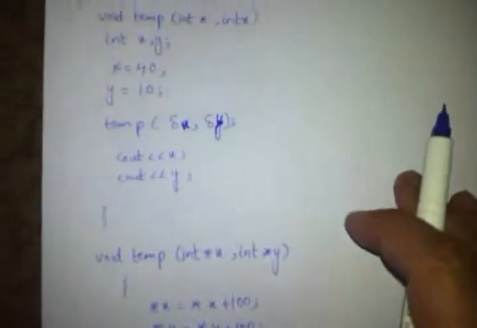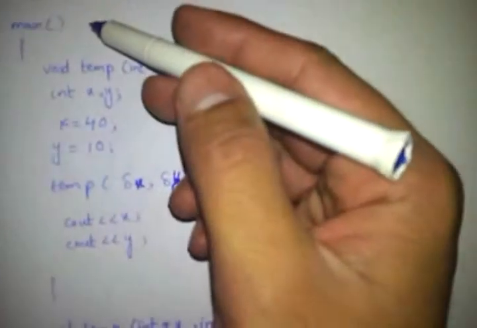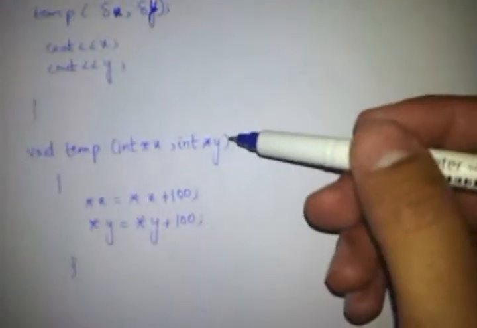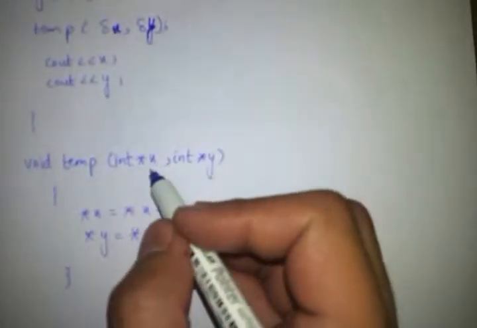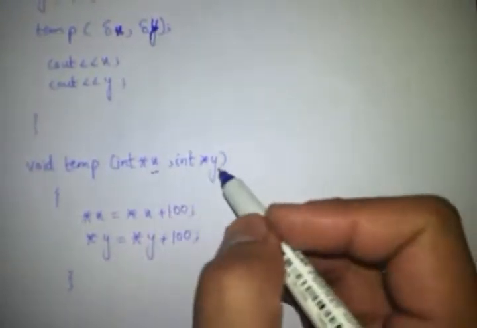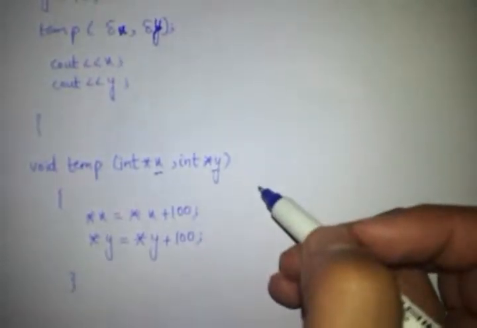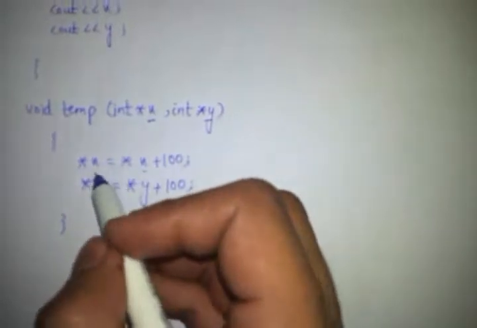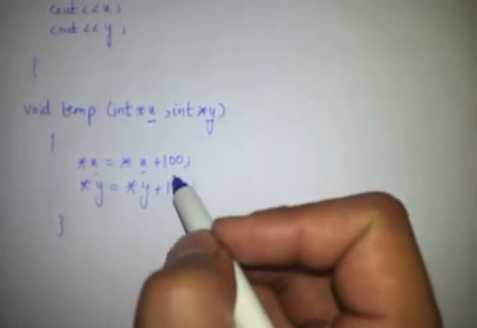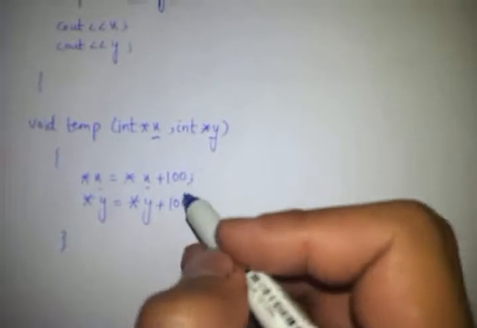Now we are going to discuss it with an example. It's an interesting one. I'm skipping to the main. We have defined a function here. You can see that it has arguments of type pointers, and these pointers are being given values and being updated in this function.